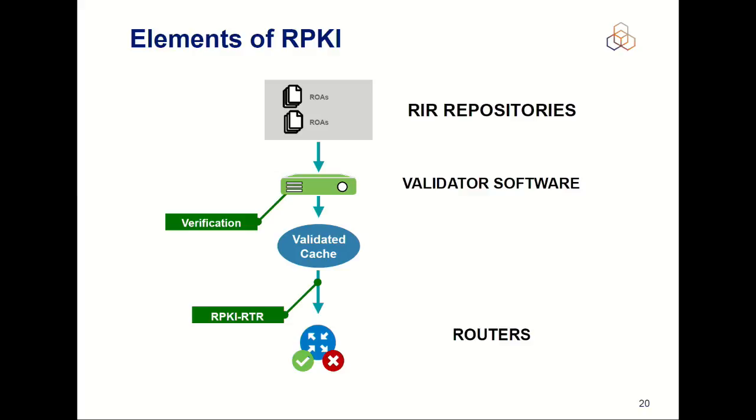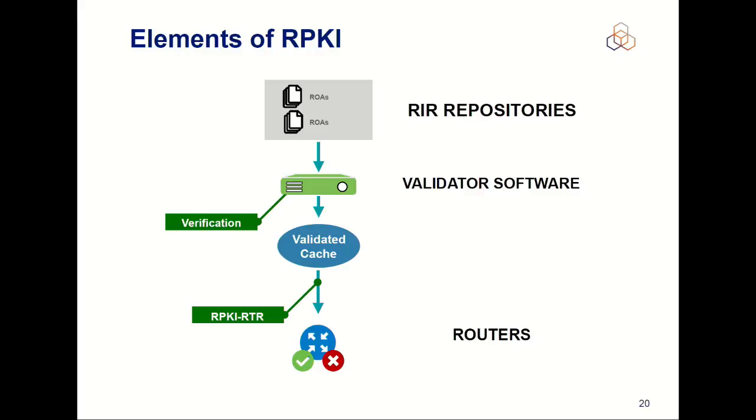So this is now the full system. At the top, you have the ROAs in the repository, which is on the RIPE-NCC's platform. Then you, the validating party, have the validator software. The validator will create the validated cache, only those ROAs that are valid, that says which prefix is announced by which AS and which are valid.